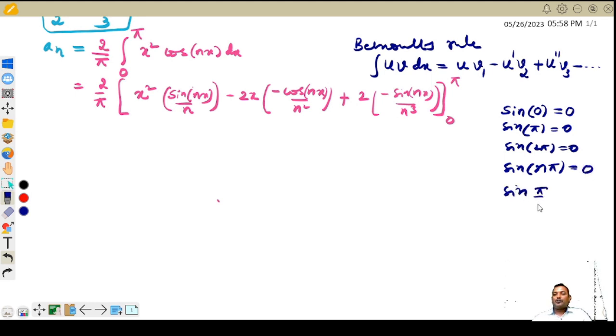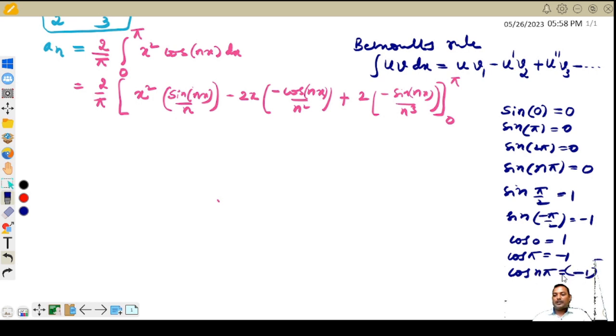Sin pi by 2 is 1. Sin minus pi by 2 is minus 1. And cos 0 is 1. Cos pi is minus 1. Cos n pi is minus 1 whole raised to n. Cos 2n pi value is again 1.